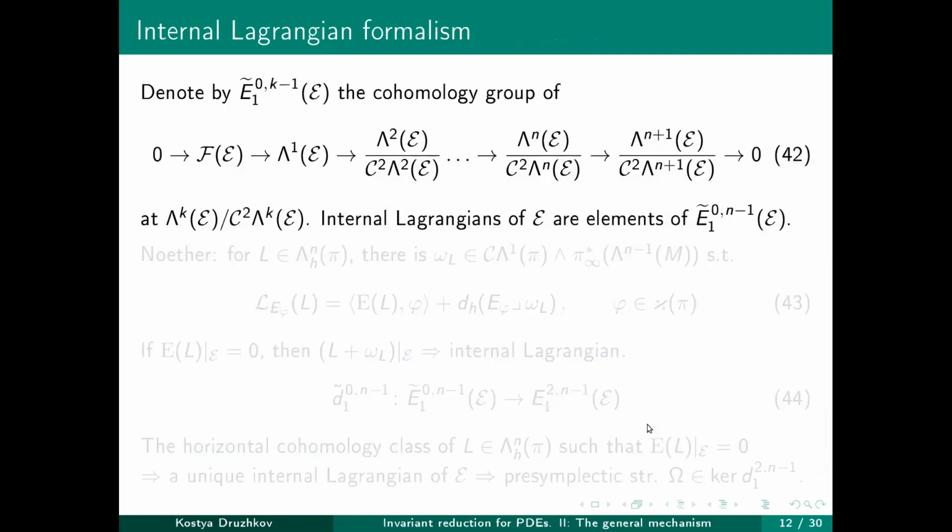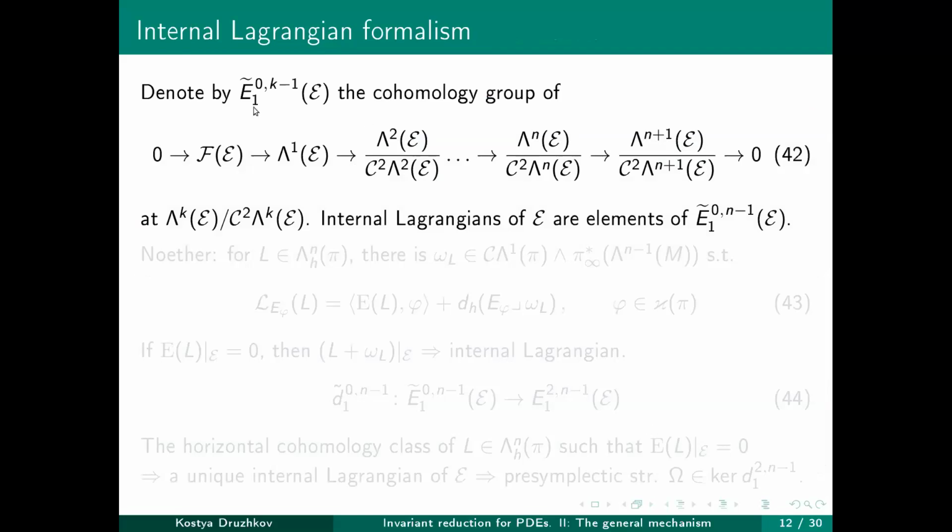Okay, now let me go to the internal Lagrangian formulas, because we can describe the reduction not only of Vinogradov C-spectral sequence elements, but also of some other elements, because the reduction mechanism is cohomological in itself. We can describe reduction to cohomologies.